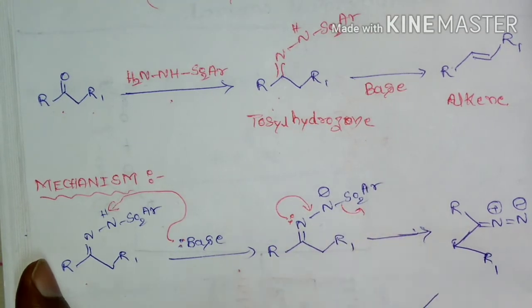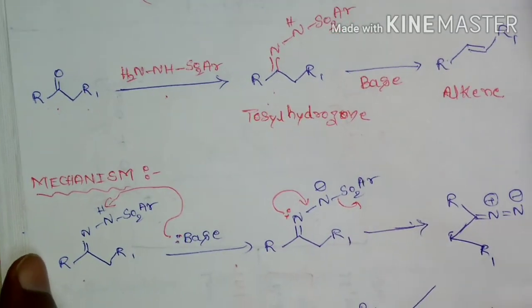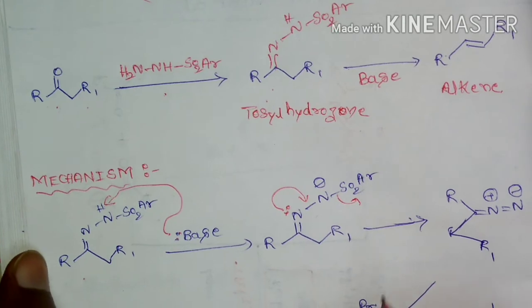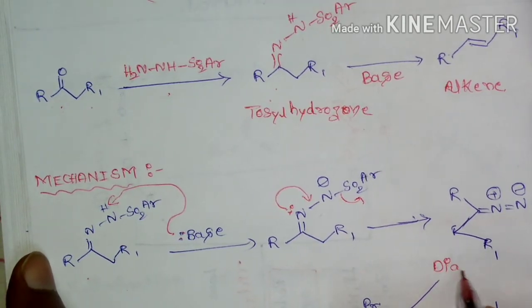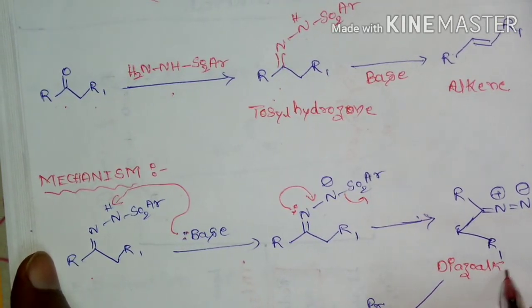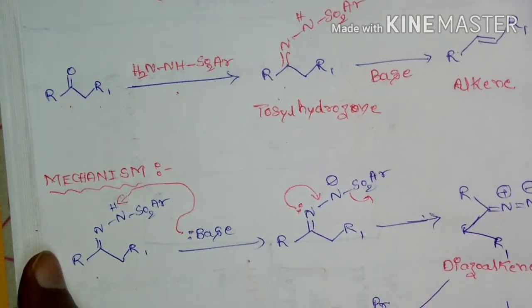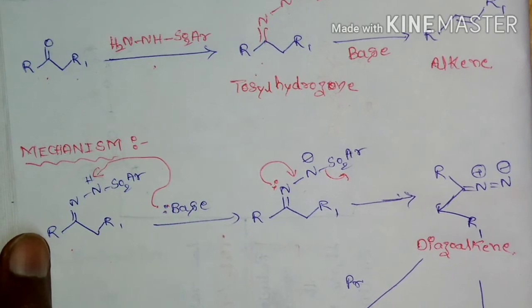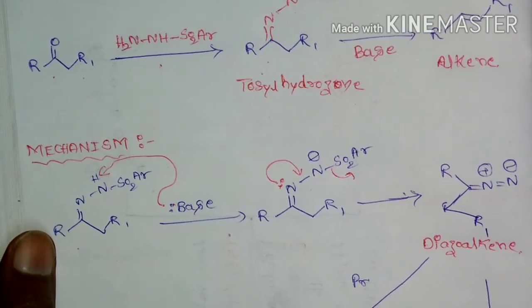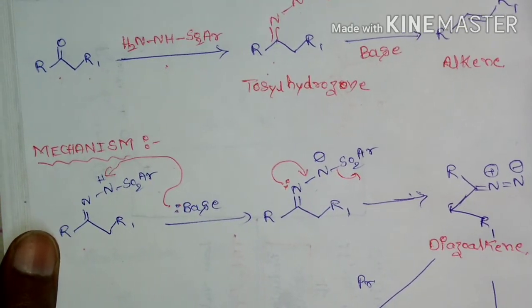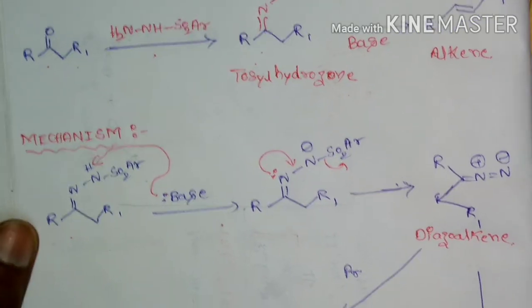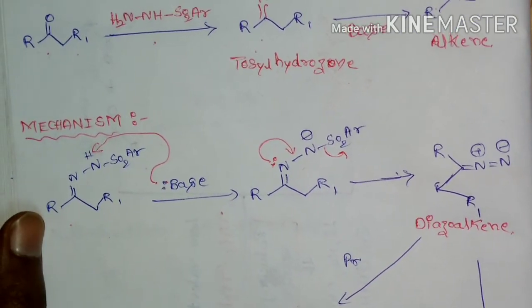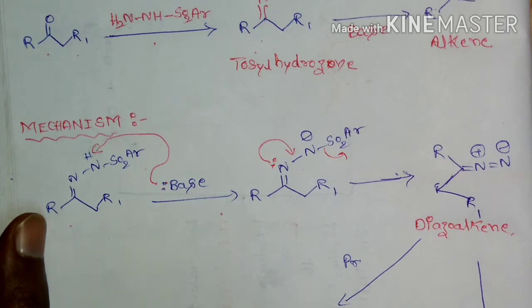So there will be loss of this tosyl group, and it will lead to the formation of a diazoalkene. So this diazoalkene reacts further to give alkene, but here the reaction condition plays a crucial role.